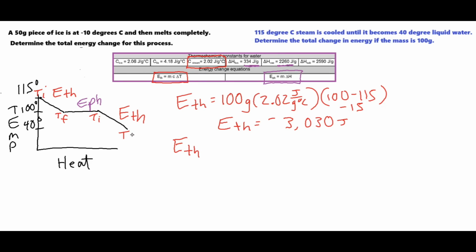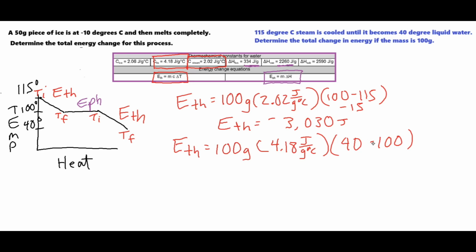Let's go ahead and do our second ETH calculation, where the initial temperature is right here and the final temperature is over here. It's still 100 grams. This time it has changed into its liquid form, so we're going to grab this number, 4.18. And then our final temperature ends at 40, and after it became a liquid, it started at 100.